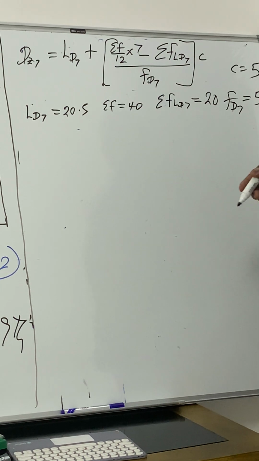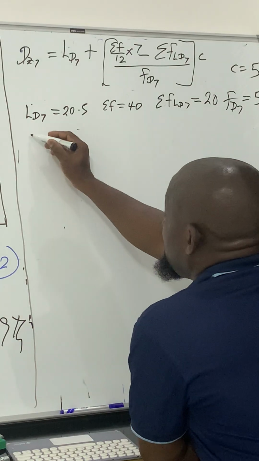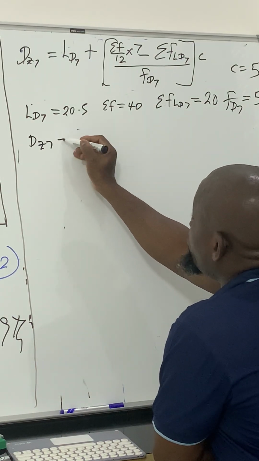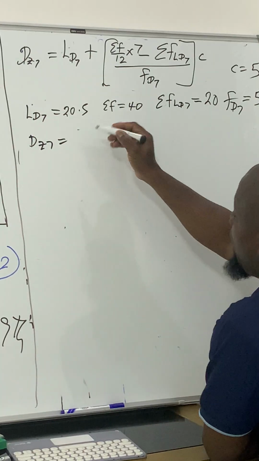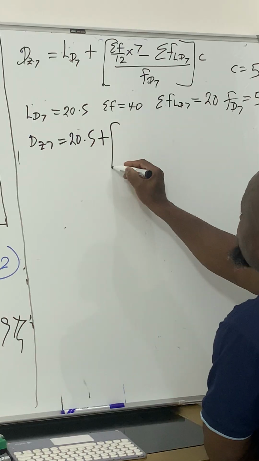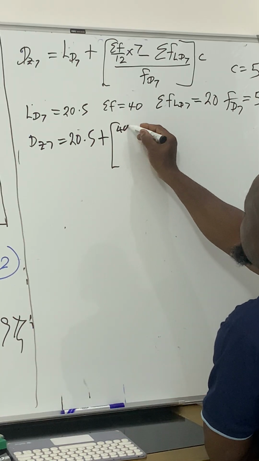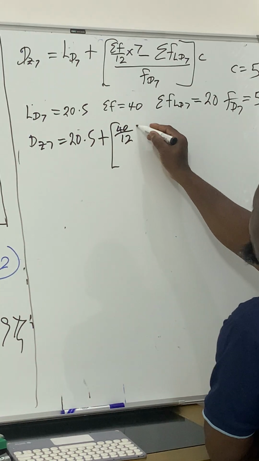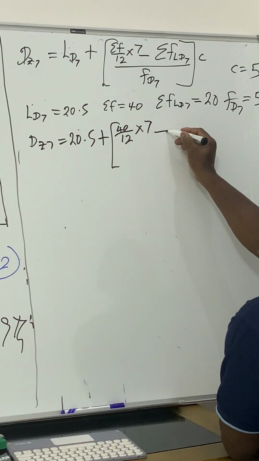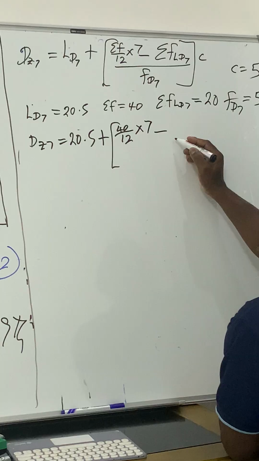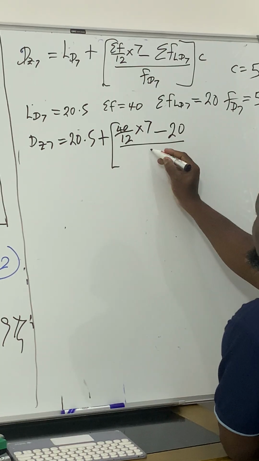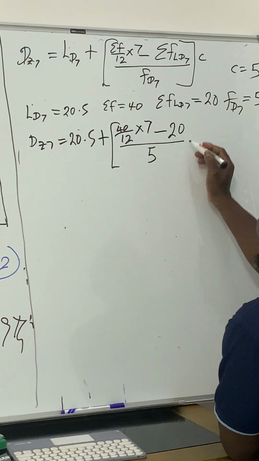Therefore, you can have D7 equal to what? 20.5 plus summation of frequency, which remains 40, divided by 12 multiplied by 7, since you are dealing with Dozile 7, minus summation of frequency lower than Dozile 7, which is 20, divided by frequency in Dozile 7, which is 5.